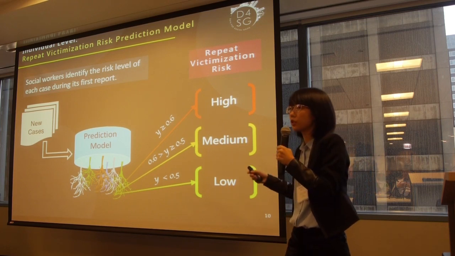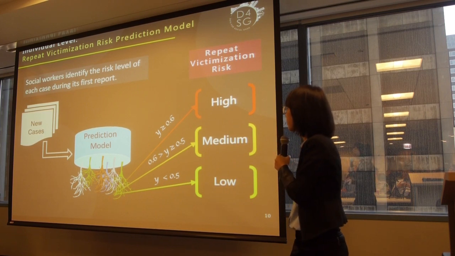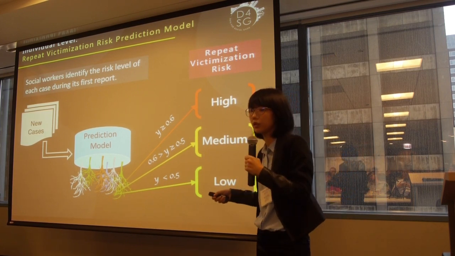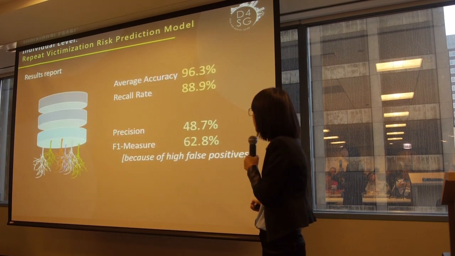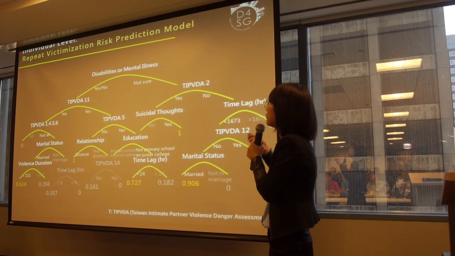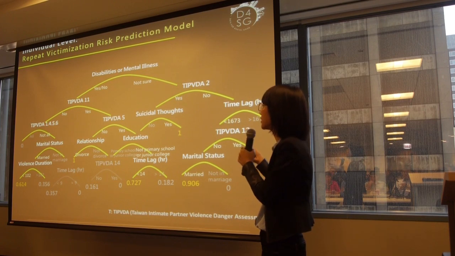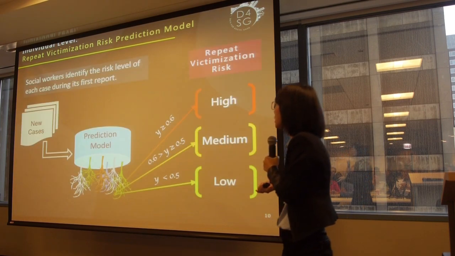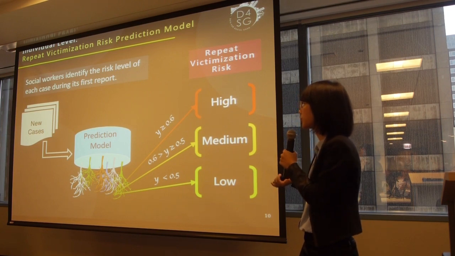And they can set a different strategy for a case with a different risk level. Also, this model can increase the case's self-awareness, because in this tree you can see that if the case is not sure about their mental or physical state, they are in danger. So increasing self-awareness is another important issue in today's case.